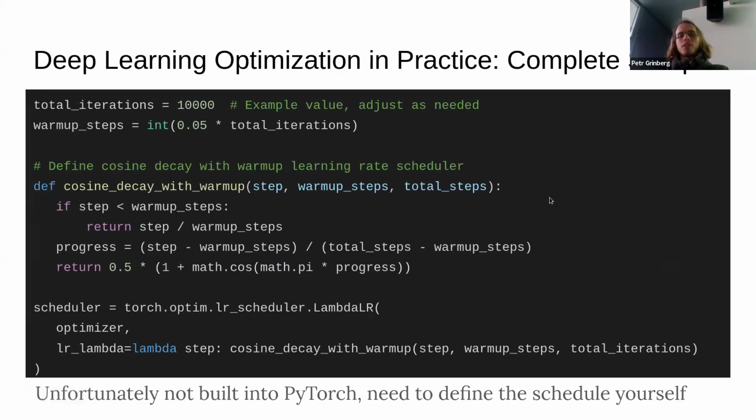Yeah, and about this cosine scheduler with warm-up, the thing is that in PyTorch there is no cosine scheduler with warm-up. There is a cosine scheduler without warm-up, and there is the so-called one-cycle learning rate.